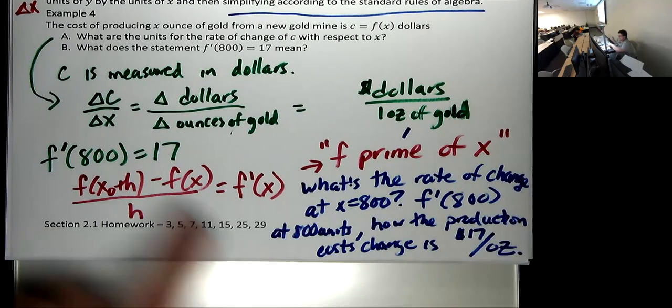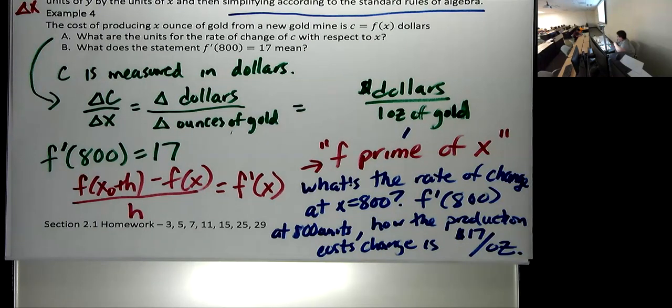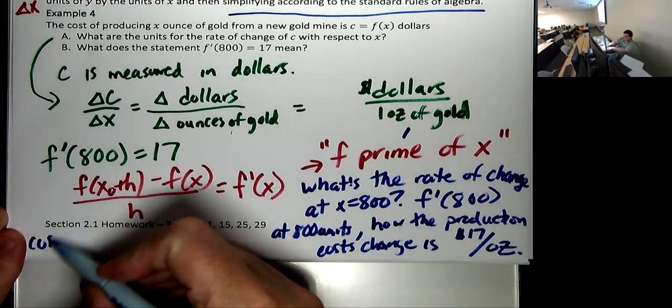Because we had 17 here. So it's like the cost to produce 1 more ounce.